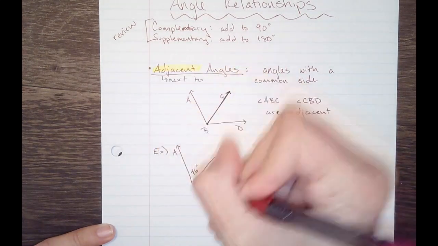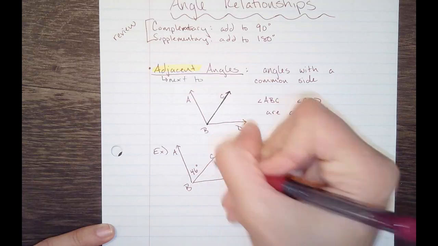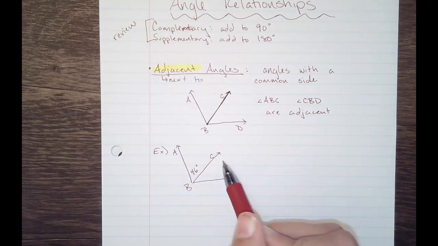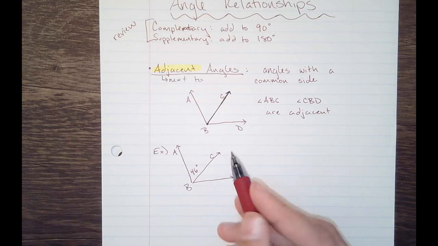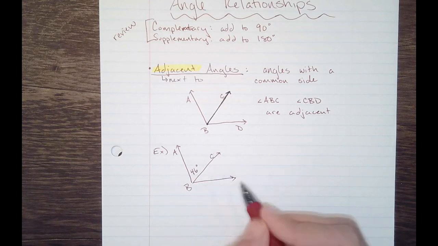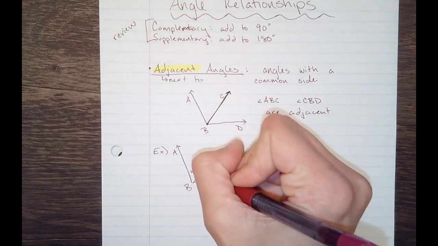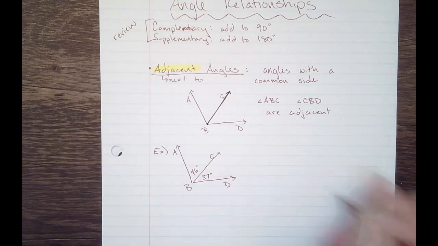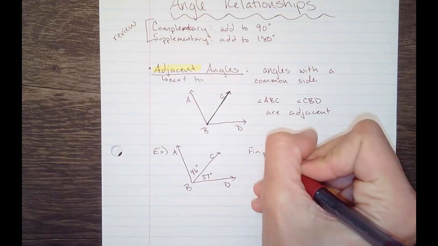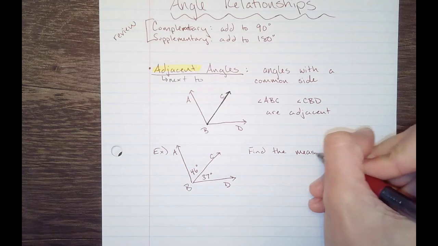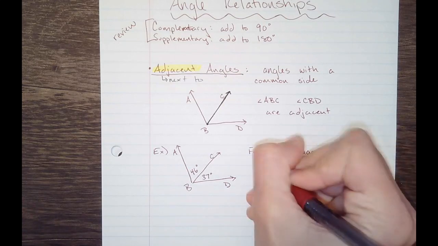Let's say the angle ABC is 46 degrees, and then let's say angle CBD, let's say that one is 37 degrees. I might say find the measure of angle ABD.